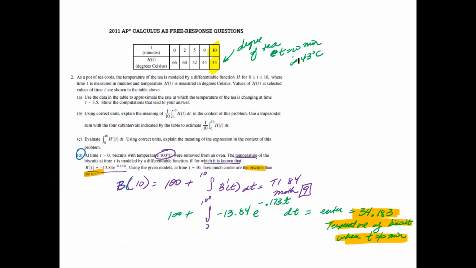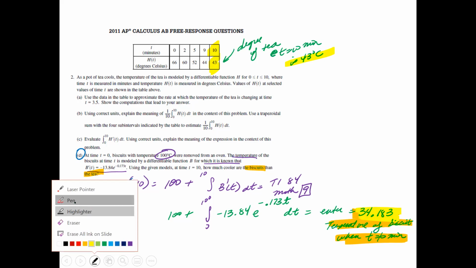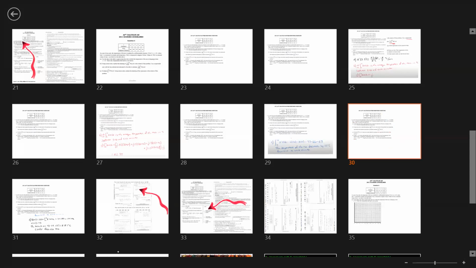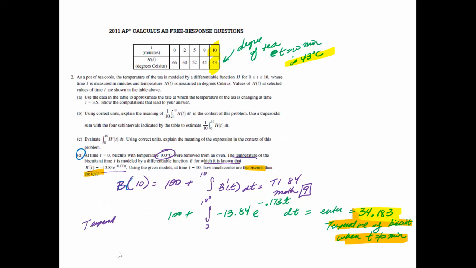Let's go ahead and subtract the two so we can see the difference there. So you can label it as temperature of tea minus the temperature of biscuit.